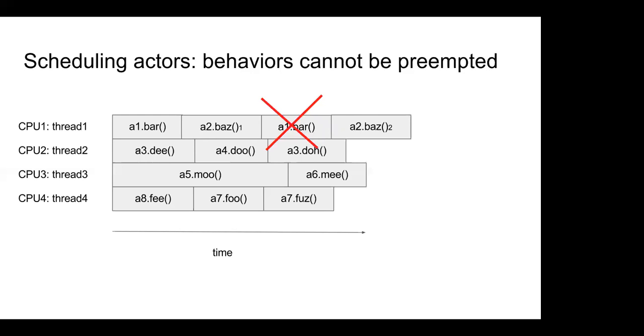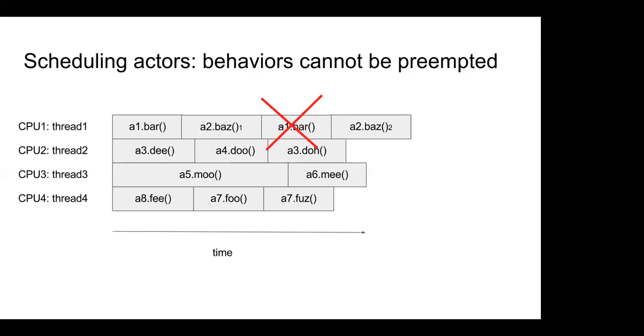So one thing to keep in mind is that behaviors cannot be preempted. If you look here, we can't run part of A2 Baz and then run A1 bar in the middle of it and then continue with the rest of A2 Baz. That particular thread can only run a behavior from start to finish.